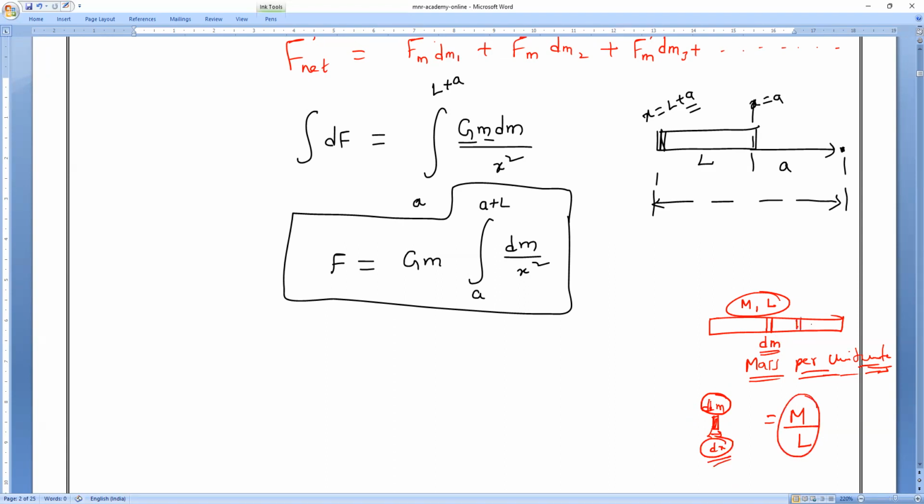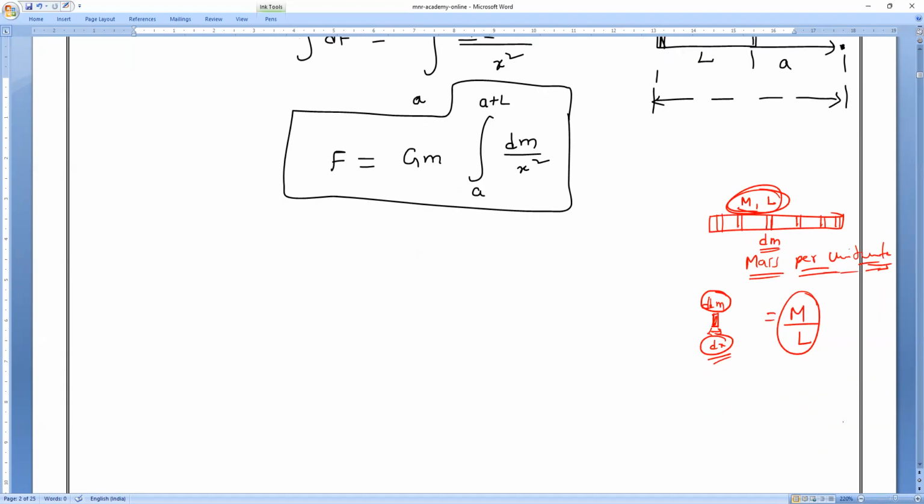Because the sum of this total, if I make it, what will happen? Total mass per unit length. Am I right or wrong? Everybody, please respond, guys. So dm by dx is equal to total mass by total length. So dm is equal to, total mass M by total length L into dx. That is what it is.